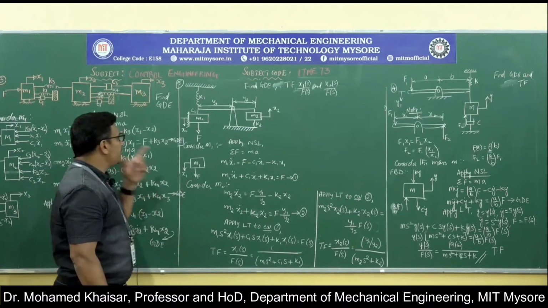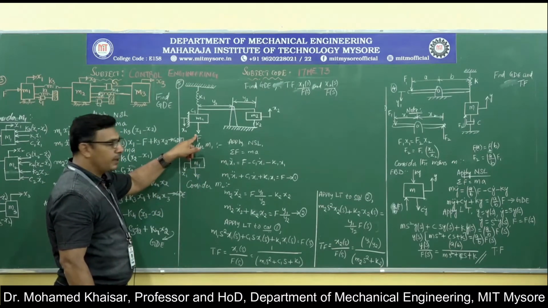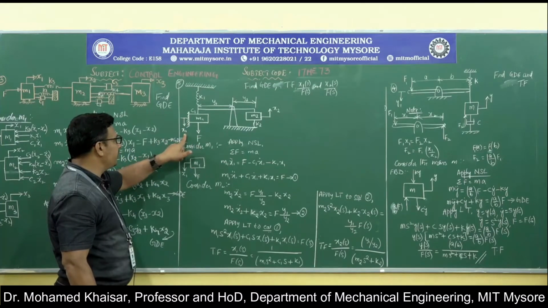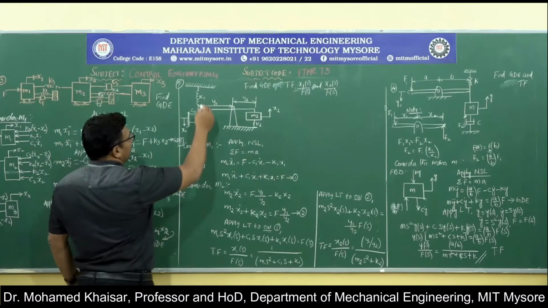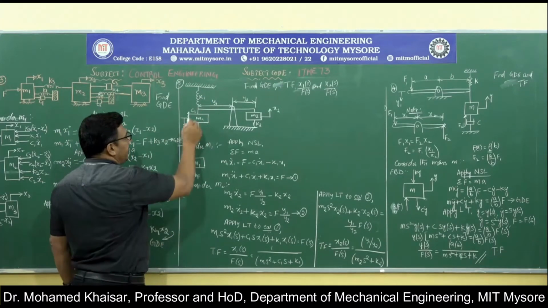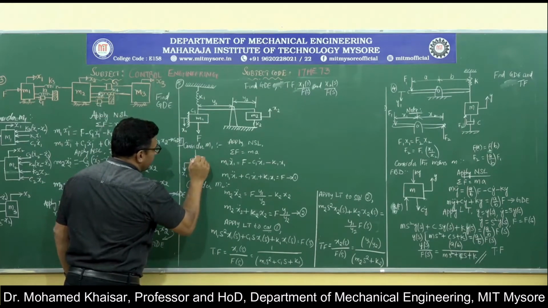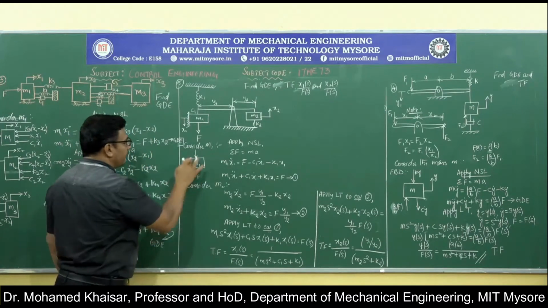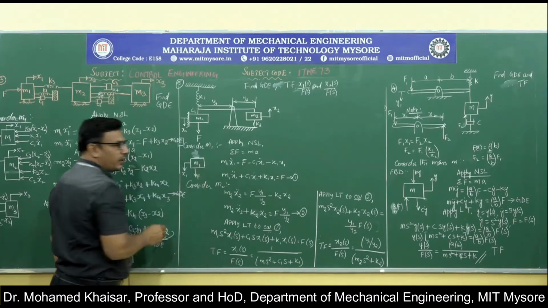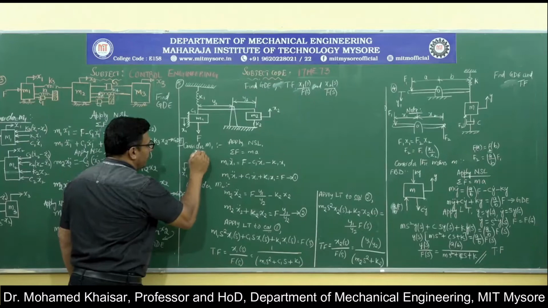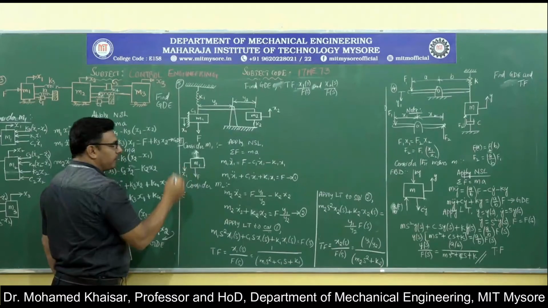Now, this mass is applied with a disturbing force F, because of which this is trying to get displaced by a distance x1. This is resisted by 2 components over here. See, a spring with a stiffness K1, a damper with a damping coefficient C1. So, this spring is offering resistance to the displacement of the mass m1 by offering the resisting force in the direction upward, which is against the direction of displacement x1.